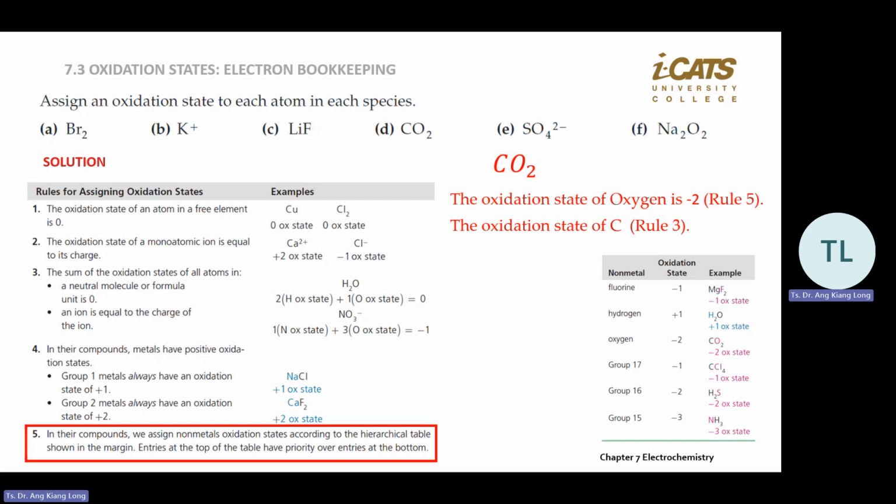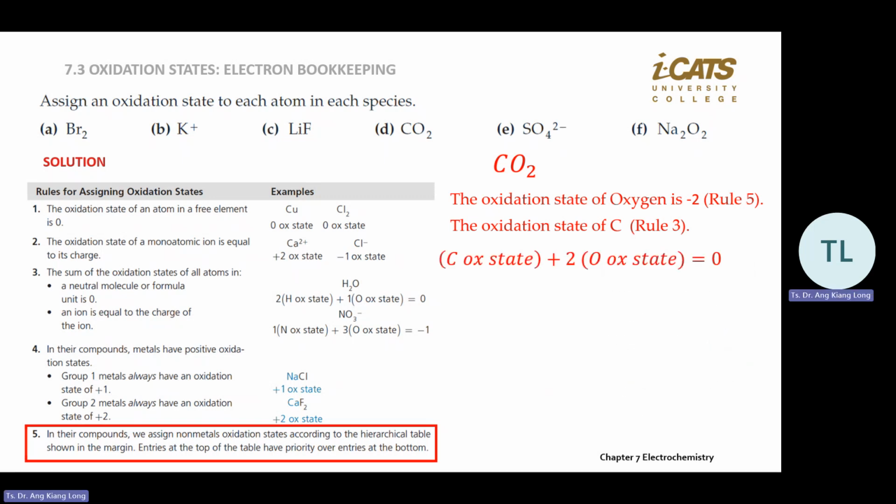For oxidation states, you must follow rule number 3. It must be neutral. It means you need to work out your equation. So how do you write oxidation state in short form? You take a bracket, write C, then write OX state. You are trying to find the oxidation state number, plus 2 O, because CO2 has 2 oxygen.